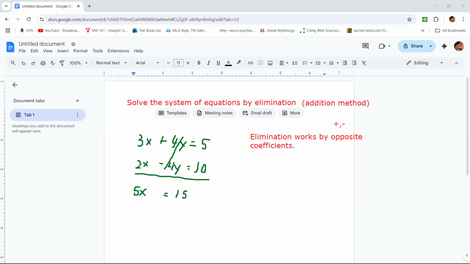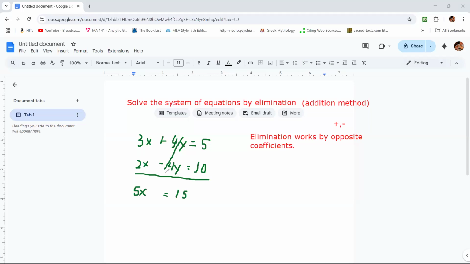So what I did here was I noticed that these two terms, this positive 4y and this negative 4y, had opposite coefficients, positive 4 and negative 4.